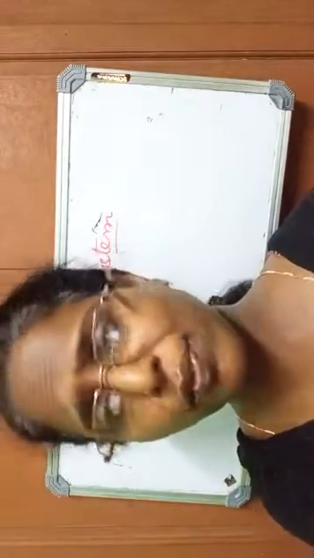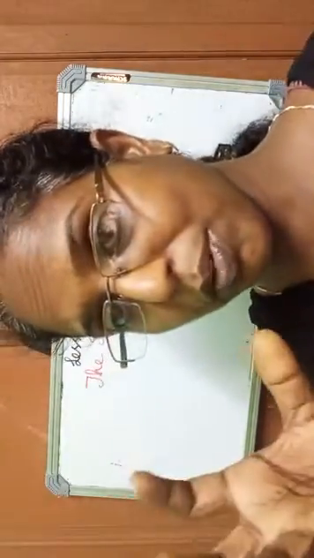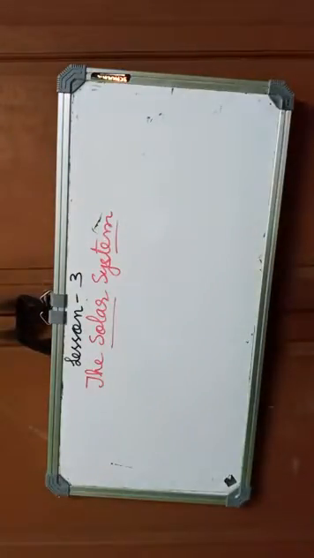Then let us see the sun. What is the sun? In first standard and second standard you learned it is a huge ball of burning gases. The sun is a hot ball of glowing gases at the center of our solar system. So who is at the center of our solar system?